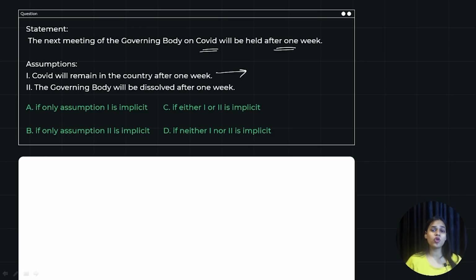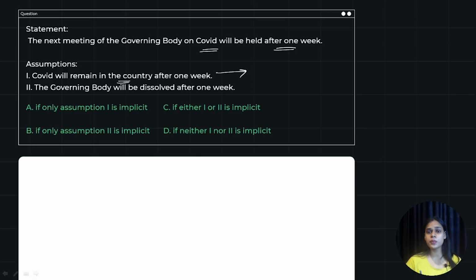Now, because COVID is a pandemic, do you think that it can completely disappear within a week? No, right? Even if it's lessening, it will be there for a longer time, right? So it cannot just disappear in just 1 week. So yes, COVID is going to remain in the country for 1 week, and hence the governing body will be discussing it after 1 week, right? The governing body will be dissolved after 1 week. You cannot say that. Even if it's dissolved, it is not important that the governing body would say, oh, we have to discuss COVID, so let's do it before we are dissolved, right?